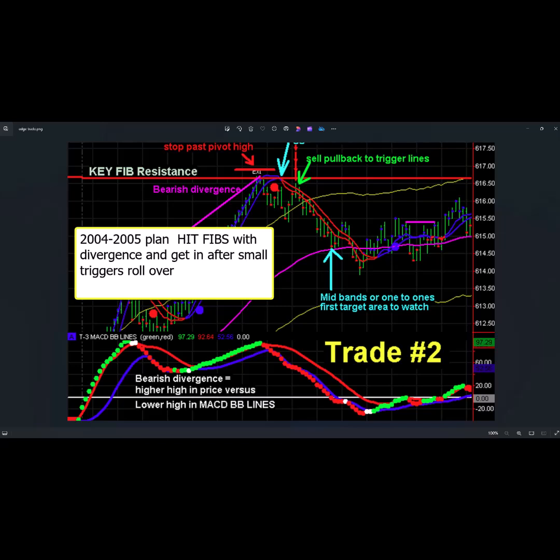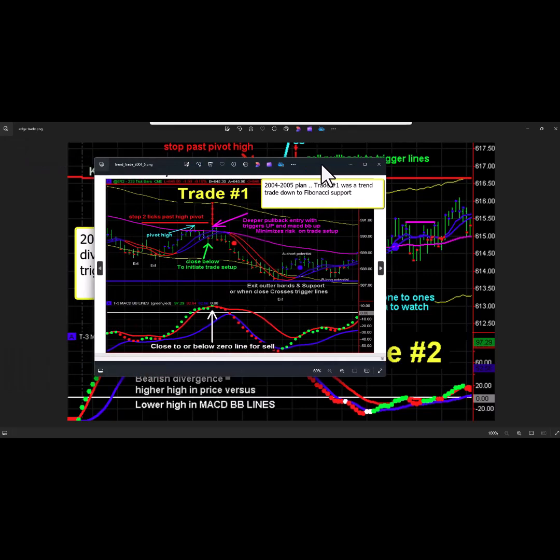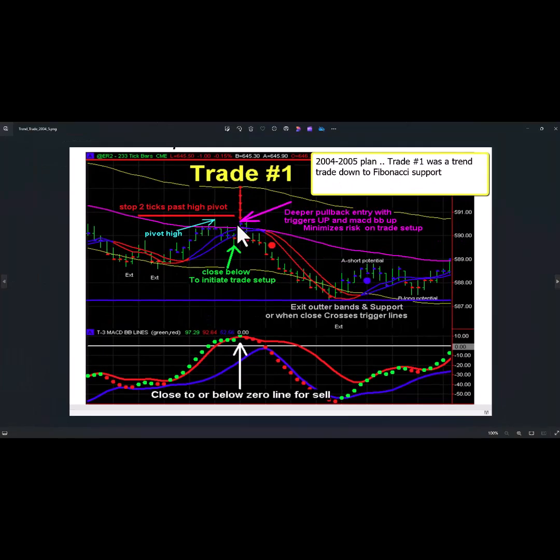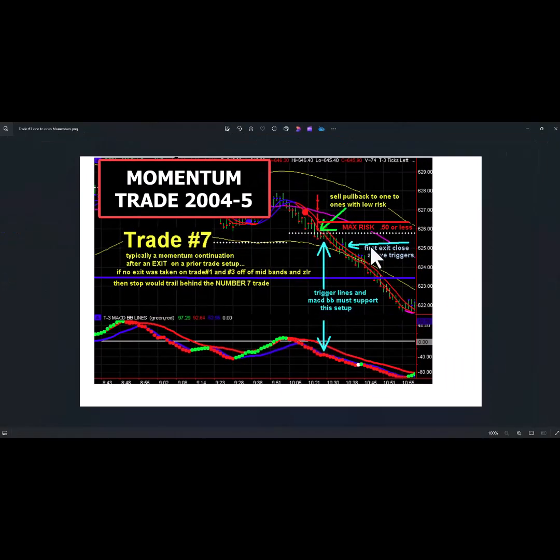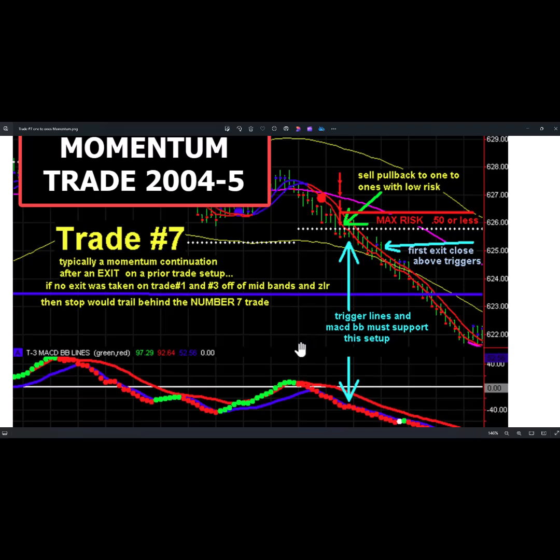The other trade that we had back in 2004, which we already talked about, was a trend trade, which was pull back to the mid-band, close below the triggers, get out at the fib. Another trade that we had in 2004, which I know is going to shock the crap out of anybody, but was a momentum trade. It was trade number 7.